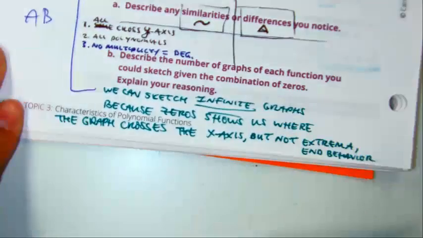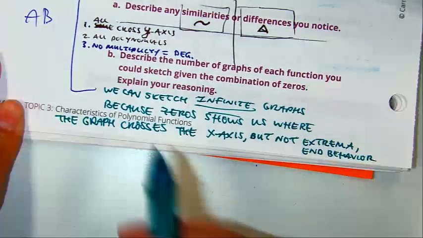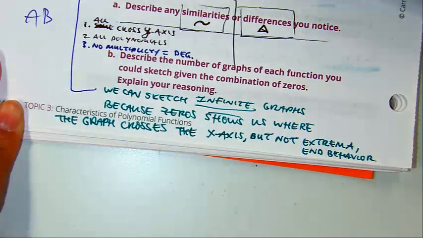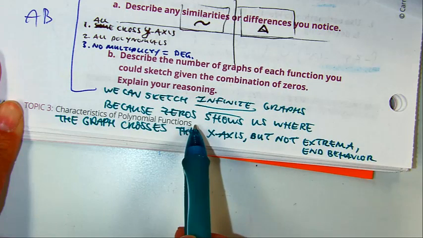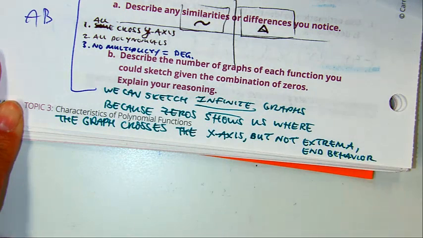We can sketch a limited amount of graphs because it just tells us where it crosses specifically the x-axis. But it doesn't tell us the extreme or how high that graph goes, how low it goes.